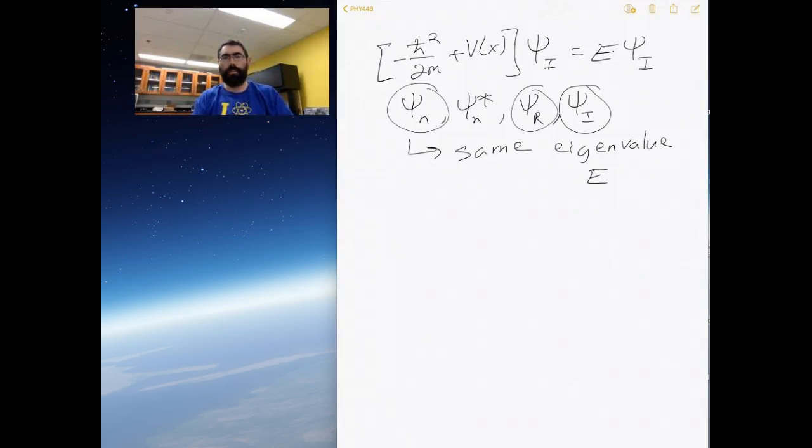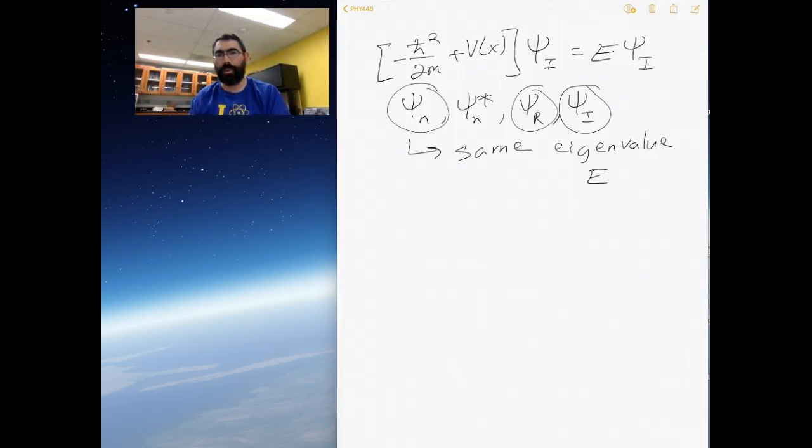So I could go one step further than that, and that is to say that if I use theorem 15 from the previous video, theorem 15 saying if I have a one-dimensional system of bound states, there isn't going to be any degeneracy in the energy levels of those bound states.